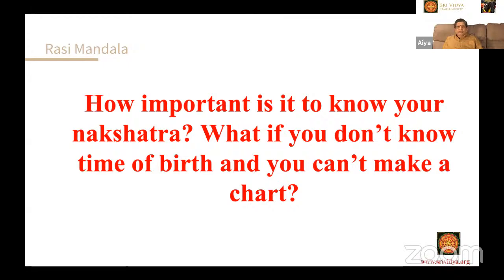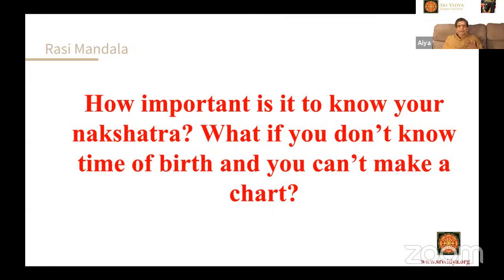There is actually an exercise called Jataka Suddhi. That means purification of the Jatakam. Purification happens when they mark the time of birth, which again is arguable.